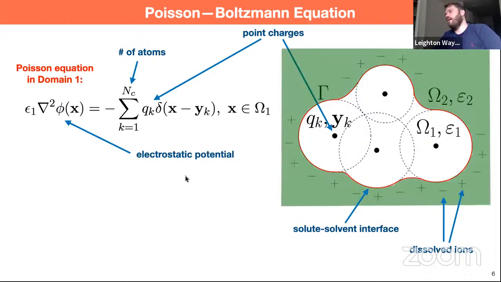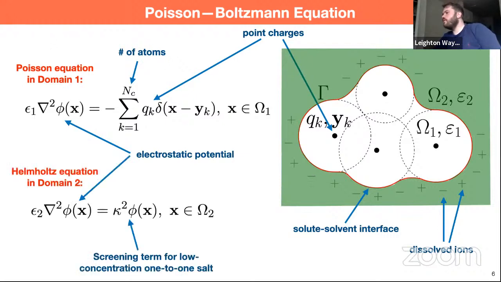In the outside environment, we have a Helmholtz equation from the electrostatic screening of these ions. So we have this screening term here in this environment. And of course, if we had no ions, this would just turn into a Laplace equation.